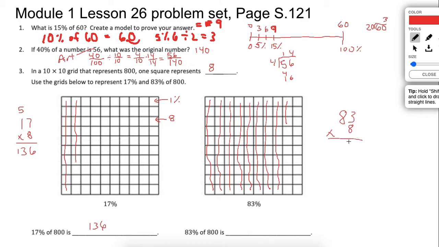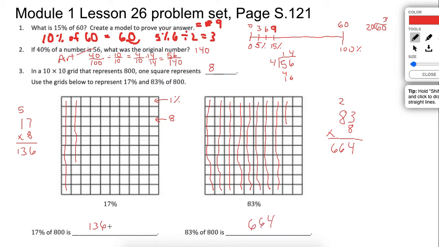So we have 24, so that would be, carry the 4, carry our 2 up there. So 8 times 8, I know 8 times 4 is 32, so I double that, would give me 64 plus 2 would give me 66. So I end up with 664.